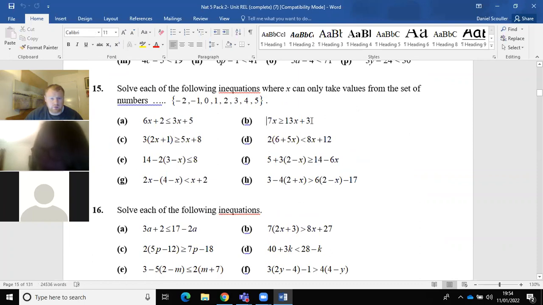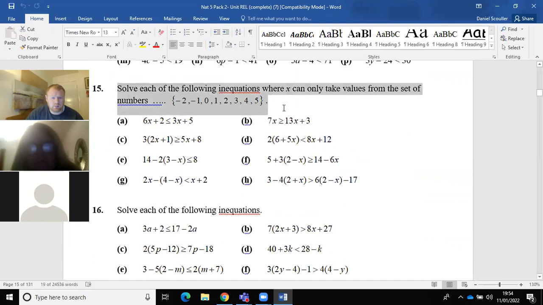There we go, there's a negative 1 there. 15. Ignore the intro to that. I'll go through with that. It's talking about at a later date. So ignore the intro to that, just rearrange them.